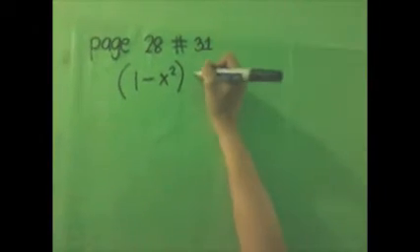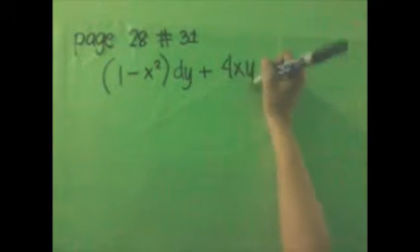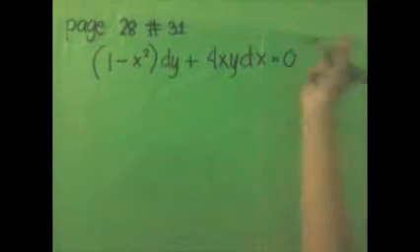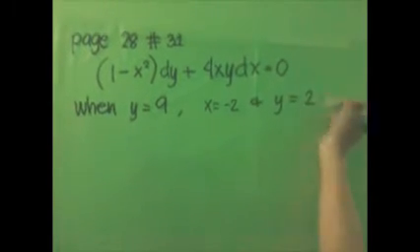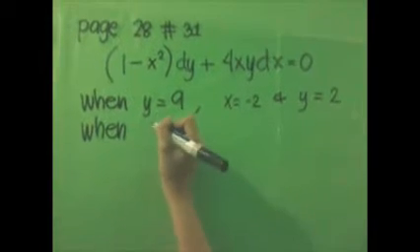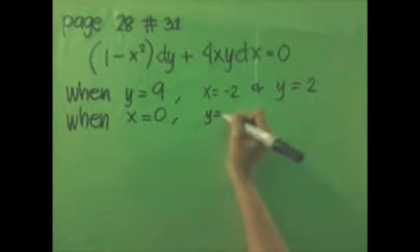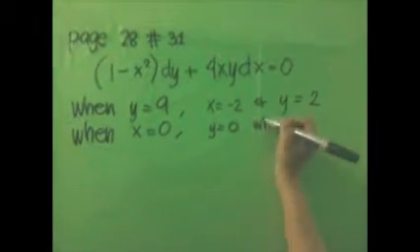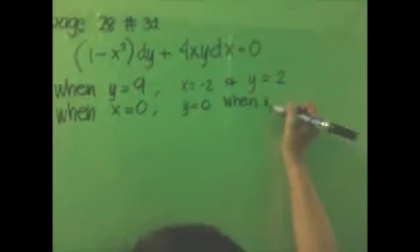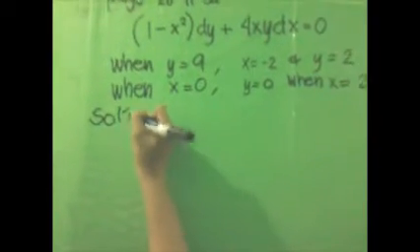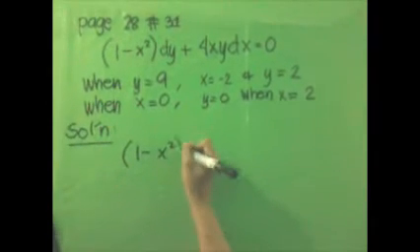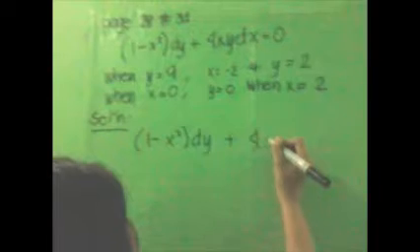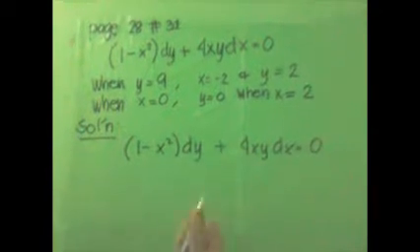This is a separable differential equation problem with the following conditions. Rewriting the problem, we have (1 - x^2) dy + 4xy dx = 0.